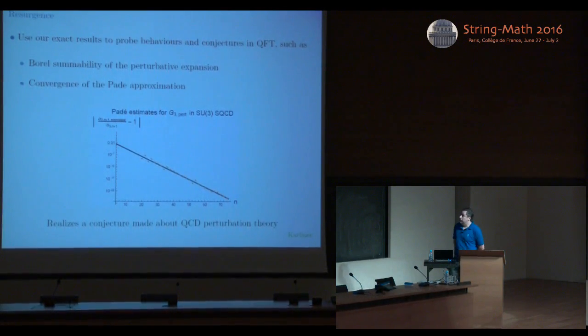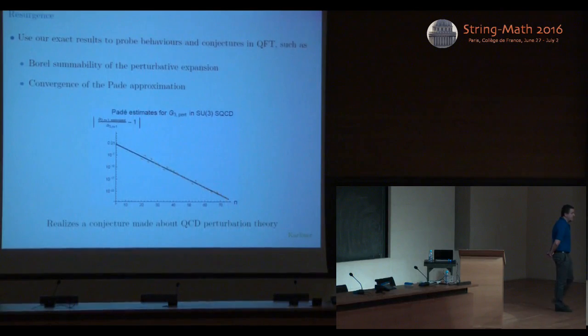Another neat thing that we did, given that you have an exact result, is we analyzed the convergence of the Padé approximation to the perturbative series. So essentially, there was an old conjecture made in QCD perturbation theory in which getting from loop n to loop n plus 1 is exponentially hard.